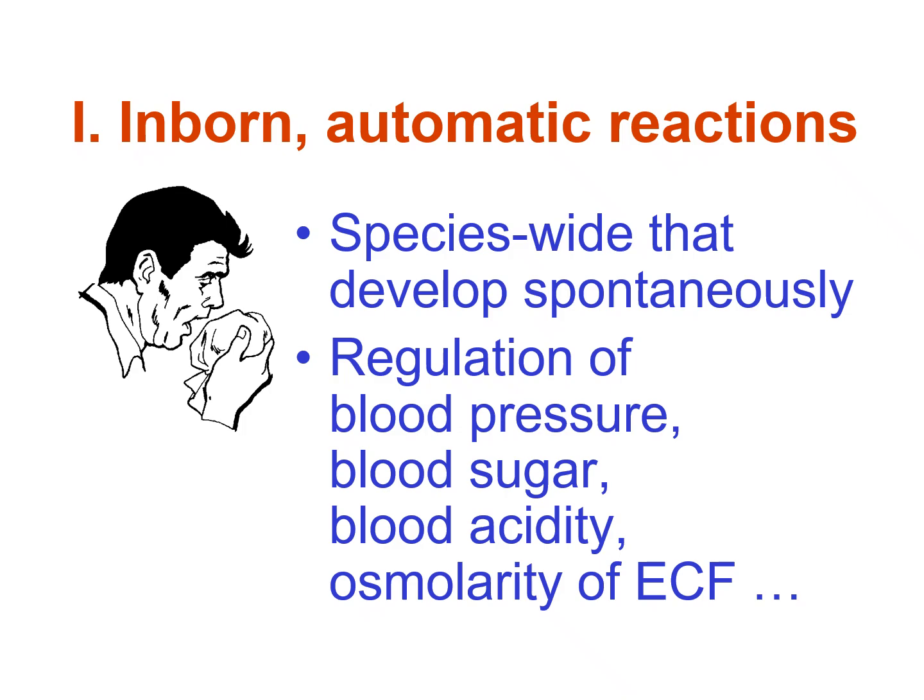They include the many homeostatic reactions that regulate our internal environment, such as blood pressure, blood glucose levels, blood oxygen levels, and so forth. You didn't have to go to school to learn how to regulate your blood pressure. You were born with those reactions built within you, and they happen pretty much automatically.